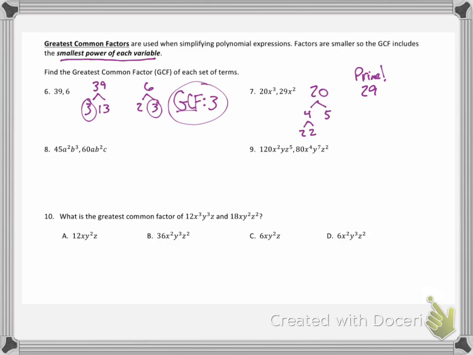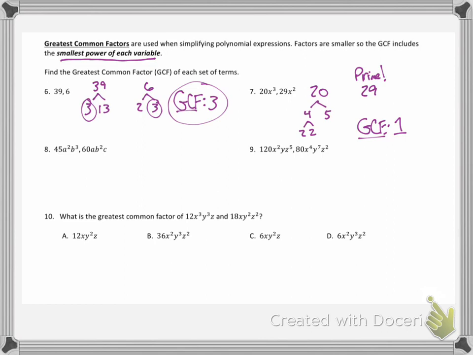So if I look at these, I don't see any prime factors in common. That does not mean it doesn't have a GCF. It just means the GCF numerically between these two numbers is 1. So I can always divide a 1 out of each of these terms, no matter what. Most of the time you'll find something that's bigger than 1, but if ultimately there's nothing in common to divide out, that means you divide out a 1.